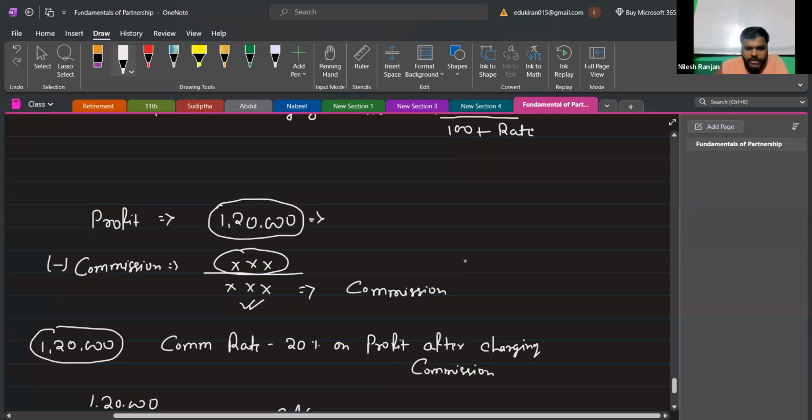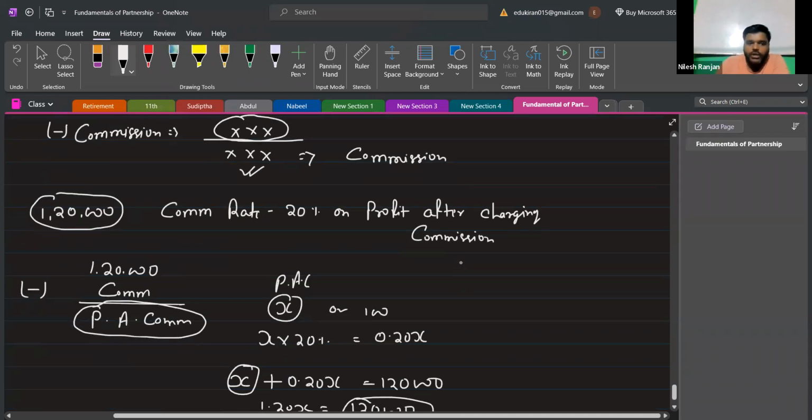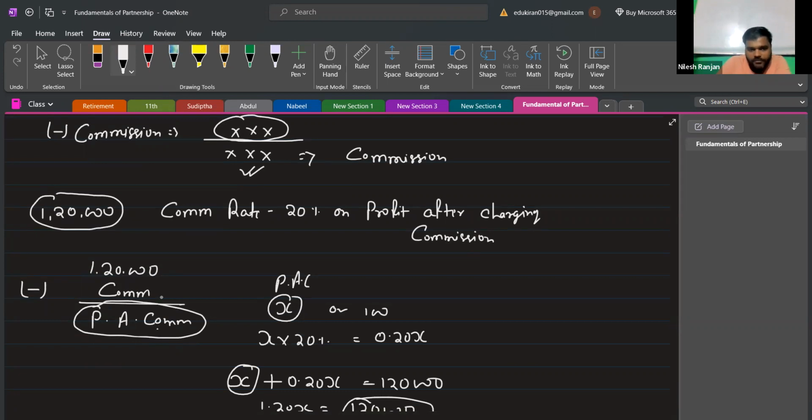I'm just repeating it. We need to calculate profit after commission first, but we cannot calculate this without commission. And commission is to be calculated on profit after commission. So for commission, we need profit after commission, and for profit after commission, we need commission. So without each other, they cannot be calculated. That's why we have to take X as profit after commission, and then we have to calculate the commission.